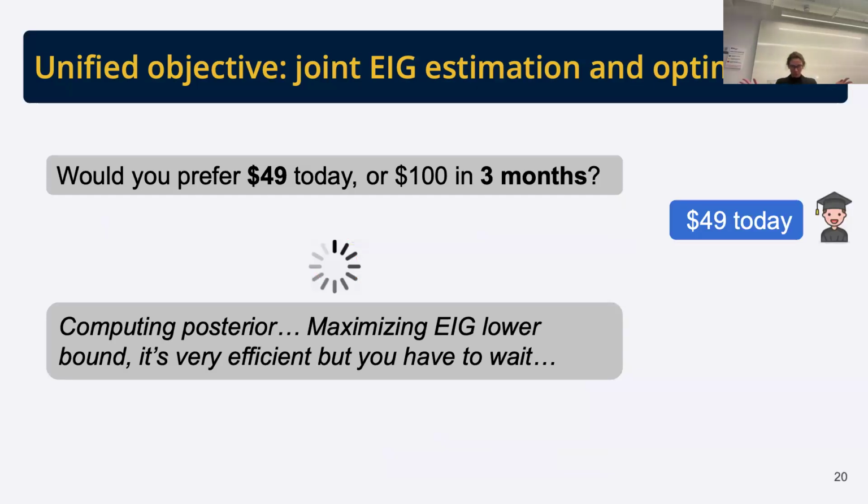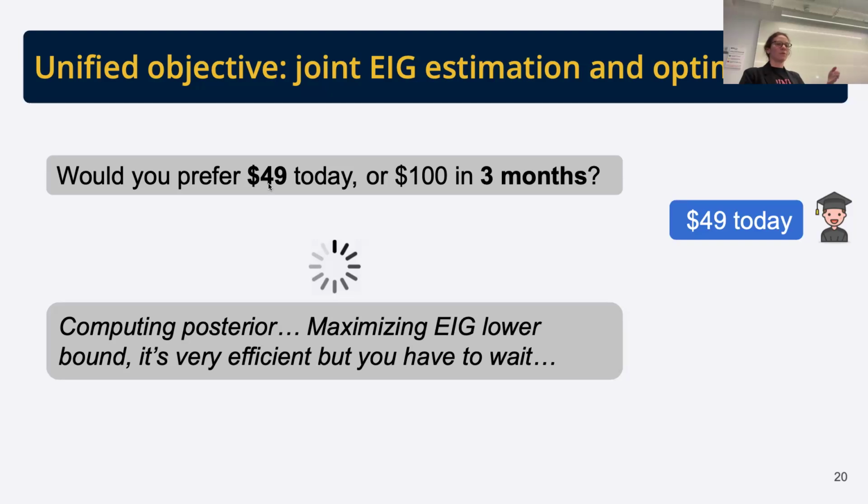So, to come back to our example, what we have achieved is that we can pretty efficiently come up with the first question in our series of questions to determine the subjective time value of money.